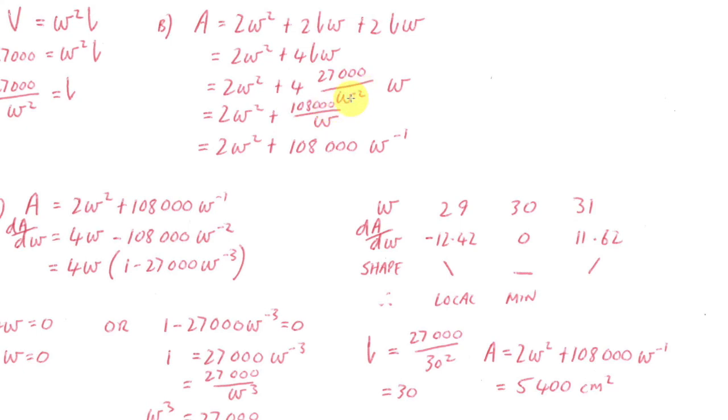And W squared at the bottom and a W up the top will just give me one W down the bottom. And in the final line, I've just reorganized things so that I can easily find the derivative. So I've just brought that W up to the top and written it to the power of -1. So now I have area is equal to 2W squared plus 108,000 W to the power of -1.